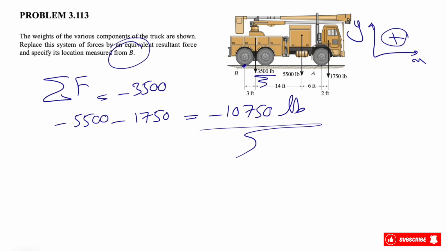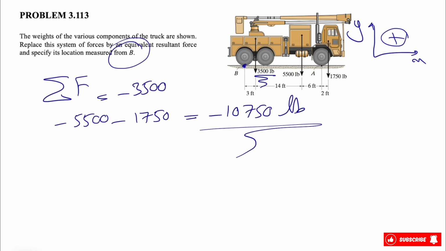In the second part, we need to figure out the location of this force, or the distance from that force to point B, in order to make the same moment about point B or A. So again, we have to find the force that is equivalent to all of this.